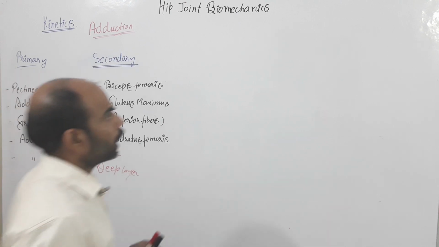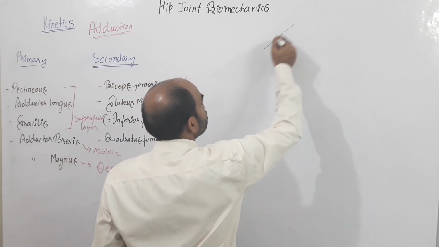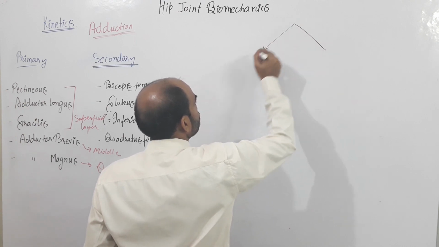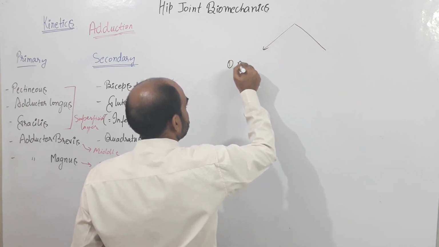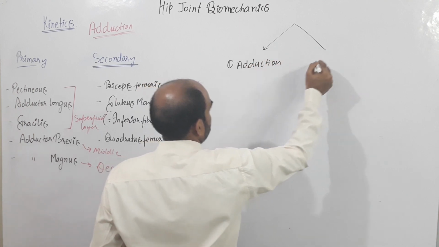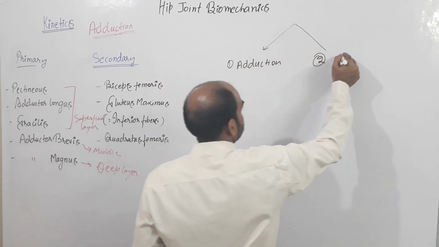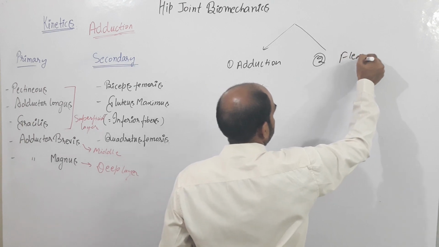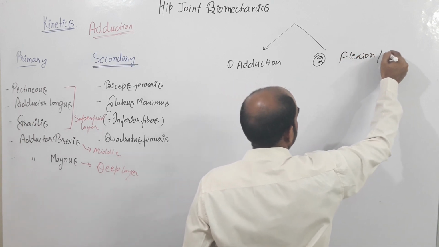Adductor muscles have a dual function. First is to produce adduction, and second is to produce flexion and extension.